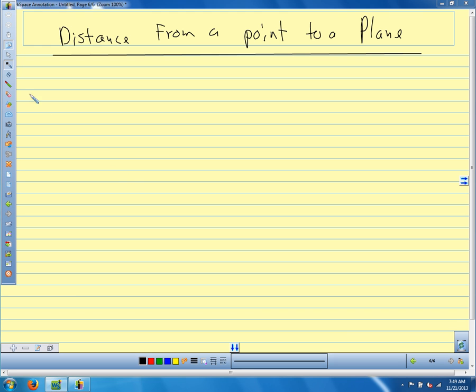So here's our plane. And here's our point in the plane P. And we're interested in the distance of the plane to this point Q. So here's my normal vector.